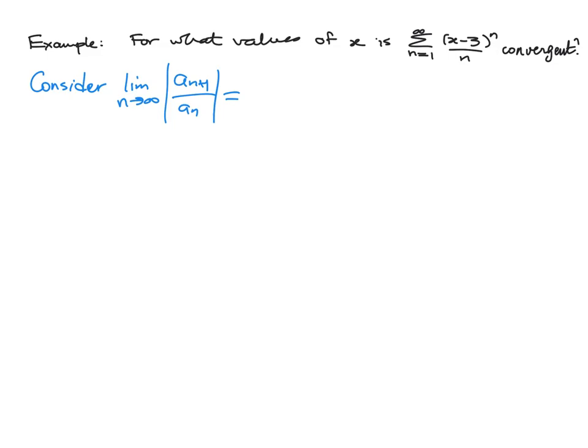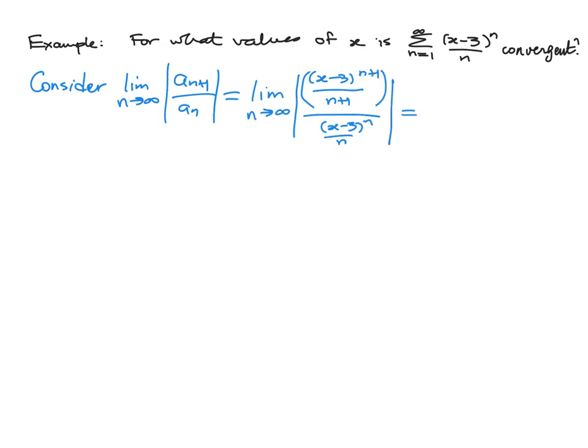I just want to make it clear to everybody that I'm doing the ratio test here. So it's going to be the limit as n goes to infinity of the absolute value of, well, it's going to be (x-3)^(n+1) over n+1, that's the n+1 term, divided by (x-3)^n over n.